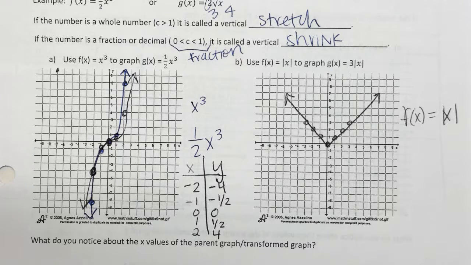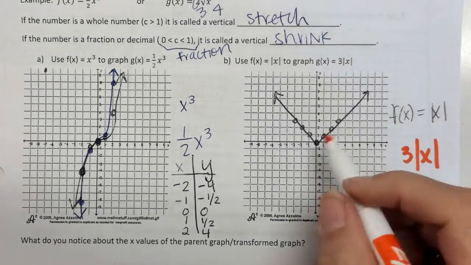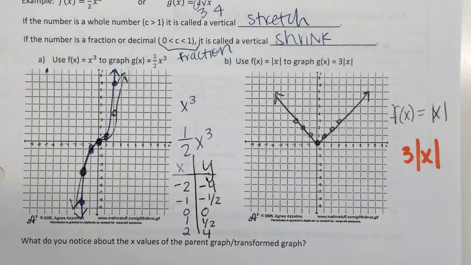And the 3 is just going to change the what? The sign. No. Will this 3x right here change the center of your graph? Is it moving it left or right or up or down? Is anything being added or subtracted right here?